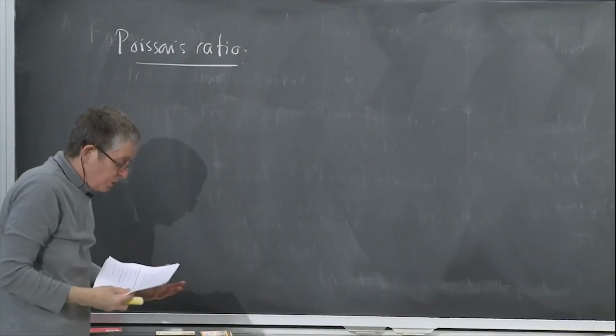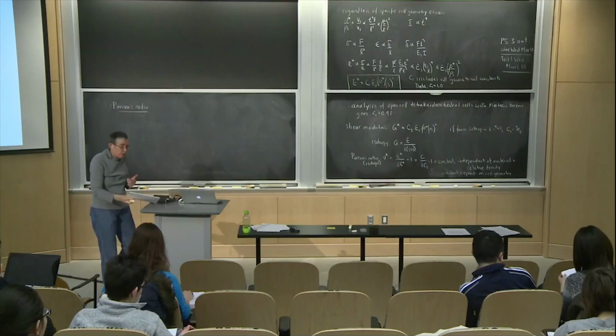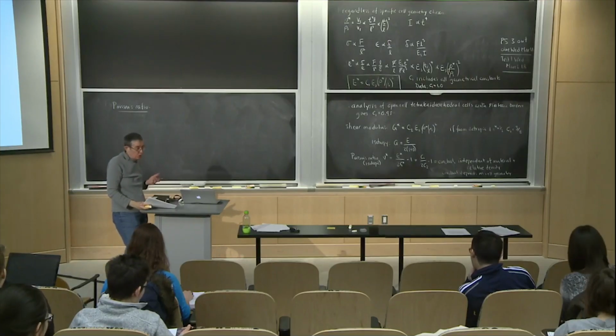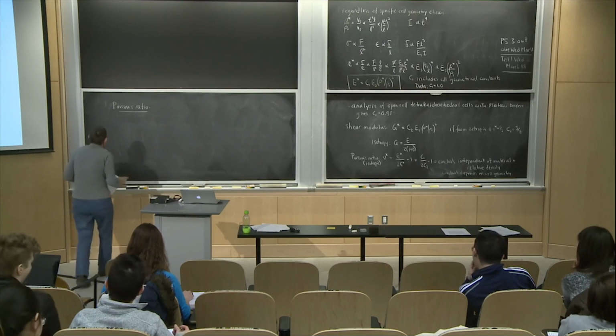So there's a couple more interesting things about Poisson's ratio. The same way we can make honeycombs with negative Poisson's ratios, we can also make foams with negative Poisson's ratios.